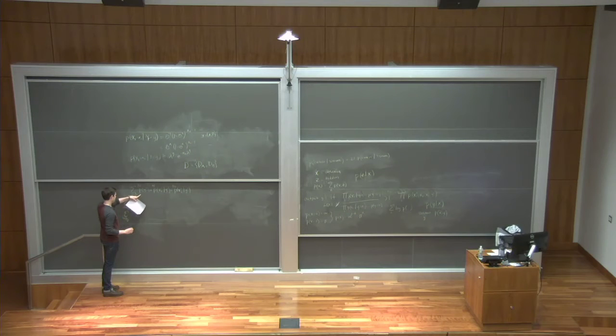So this term is the log probability of Y equal to A, which is just this, plus the log of this term, which we said is distributed geometrically.